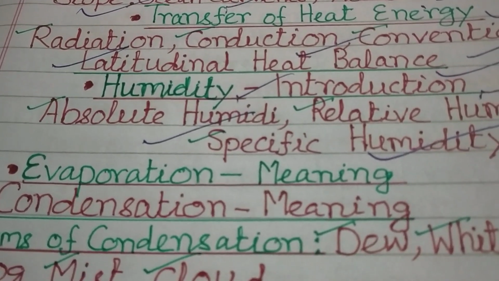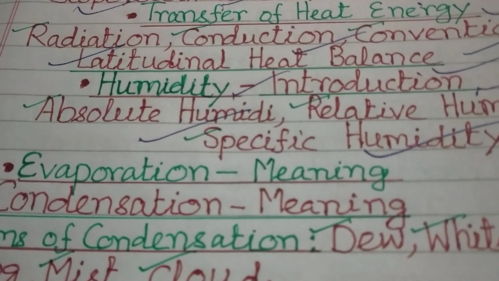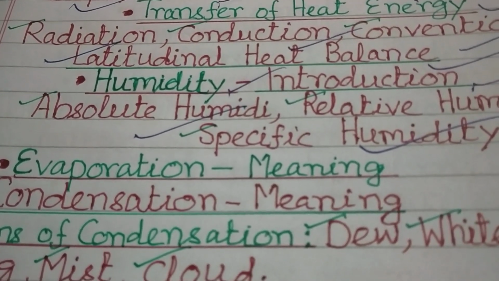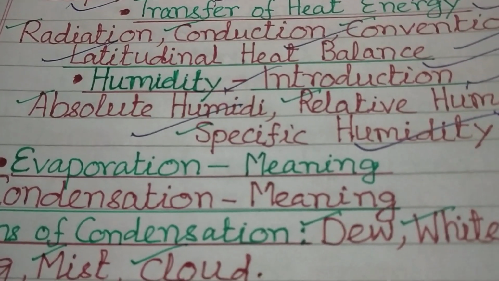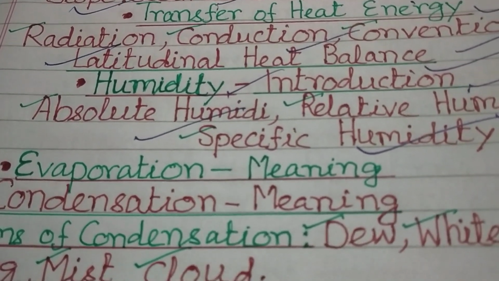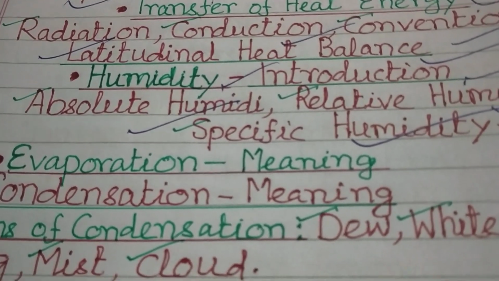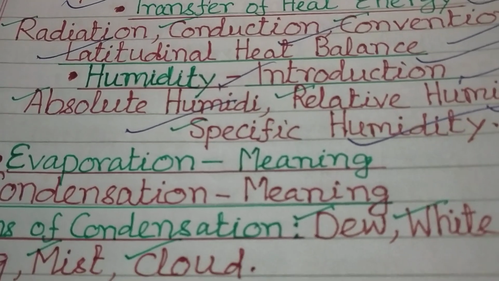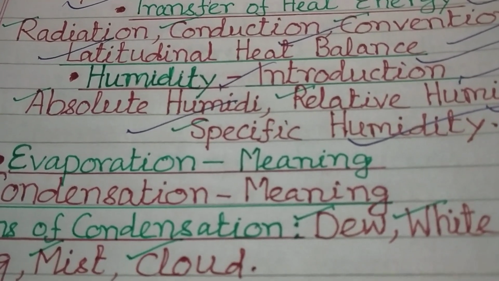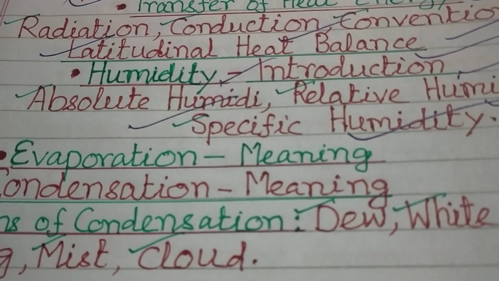For instance, at a temperature of 10 degrees centigrade, 1 cubic meter of air can hold 11.4 grams of water vapor. The same volume of air can hold 22.2 grams of water vapor once the temperature rises to 21 degrees centigrade.